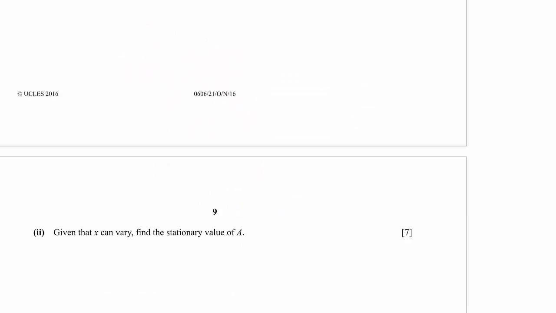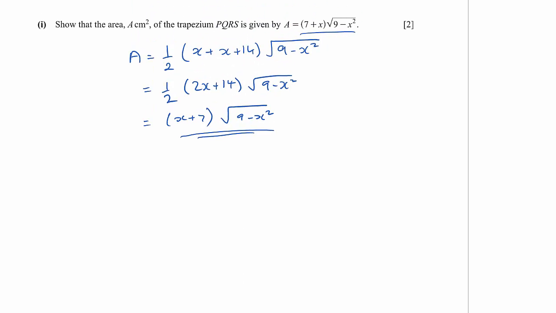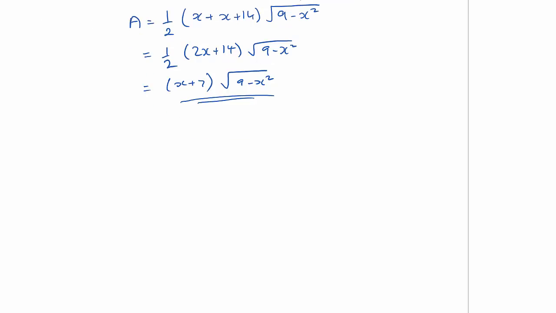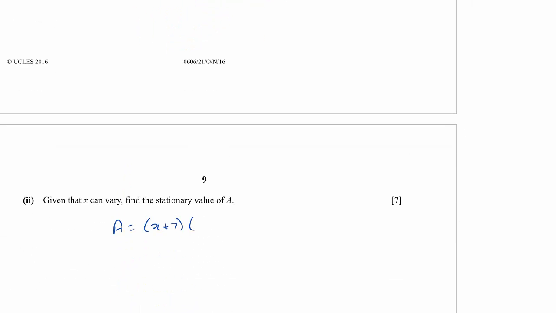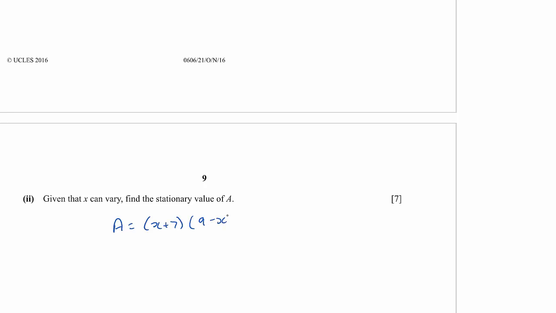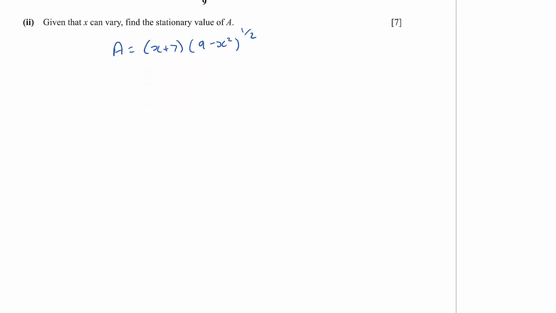So, moving on. Given that x can vary, find the stationary value of A. In other words, what we want to do is differentiate this and find when it's 0. So, A is equal to x plus 7, and then that was 9 minus x squared to the half. So if we want to differentiate that, it's a product.